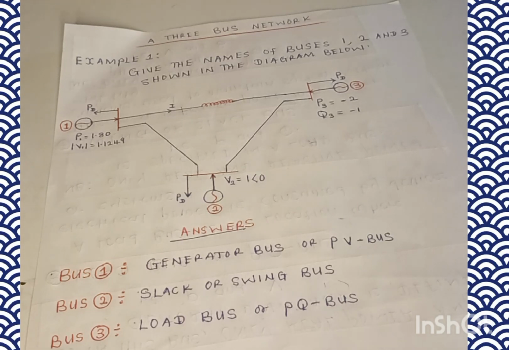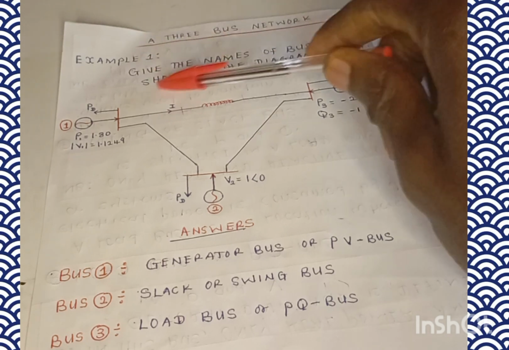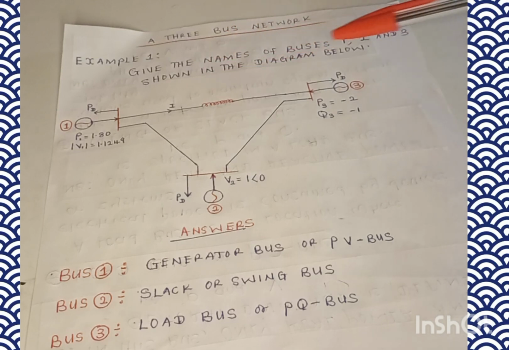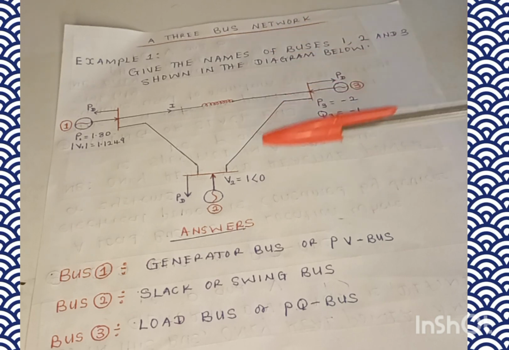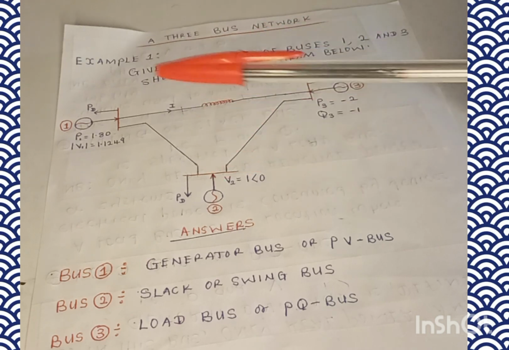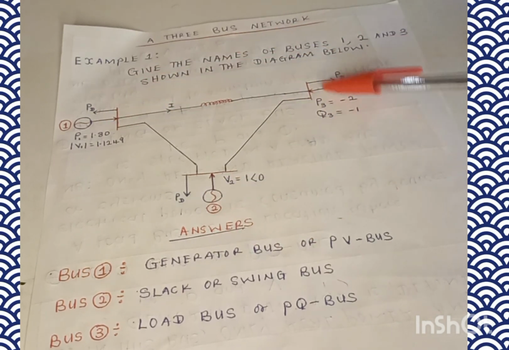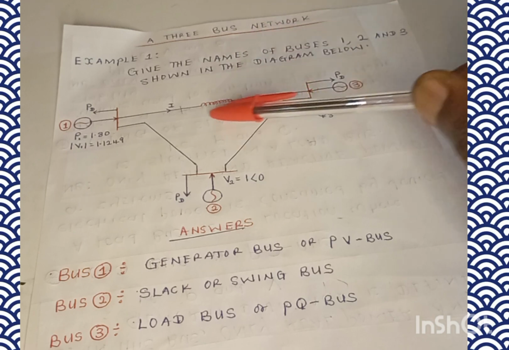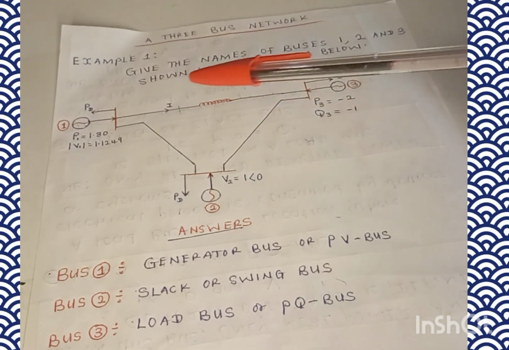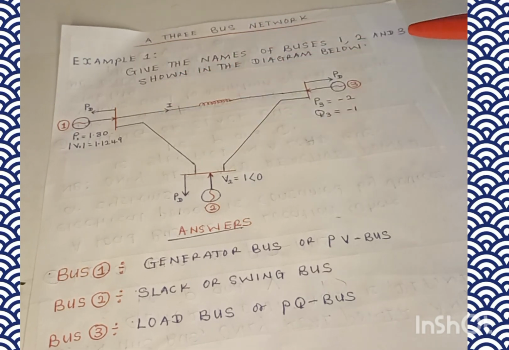That's the example I want us to get to. The question says, give the names of buses 1, 2 and 3 shown in the diagram below. Then we have bus 1, we have bus 2 here. Down here we have bus 3, and you can see the currents passing through the buses, from bus 1 to bus 3.